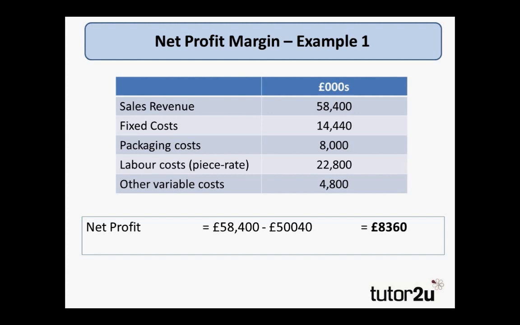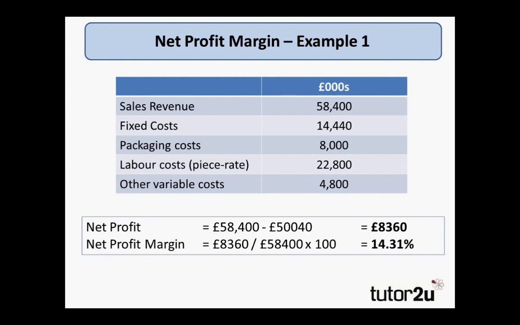You may be awarded some marks, depending on the mark scheme, just for showing some understanding of the formula. So don't leave an answer blank. If you can't work out the net profit or find the sales revenue, write the formula down, and that way you may still be awarded some marks. So it's very important to always show your working out and never leave a question unanswered.